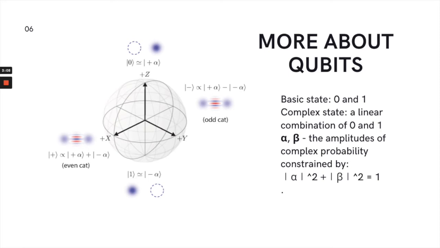They're constrained by the magnitude of alpha squared plus the magnitude of beta squared equals 1, which is reasonable since we don't want to go out of the circle, only in the circle. So according to quantum mechanics, a qubit's general state can be a coherent superposition of both of those linear combinations.